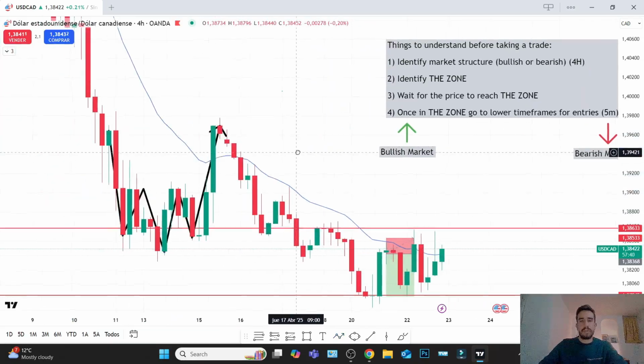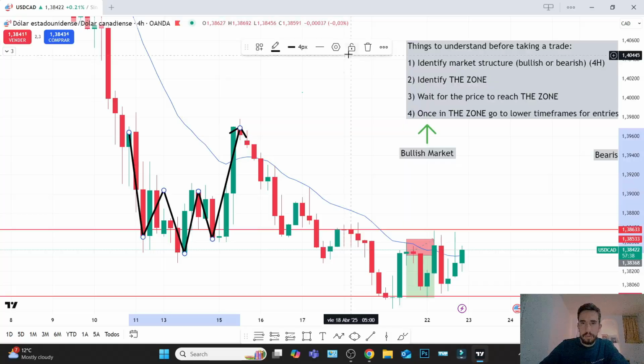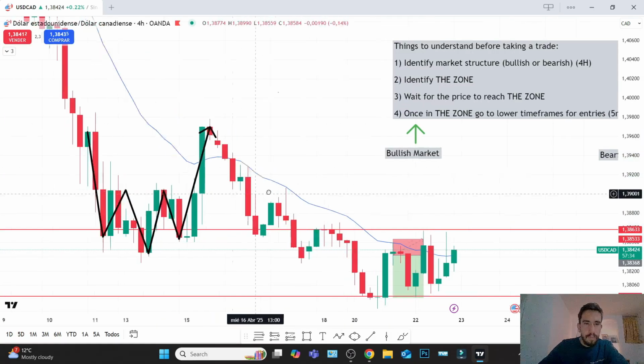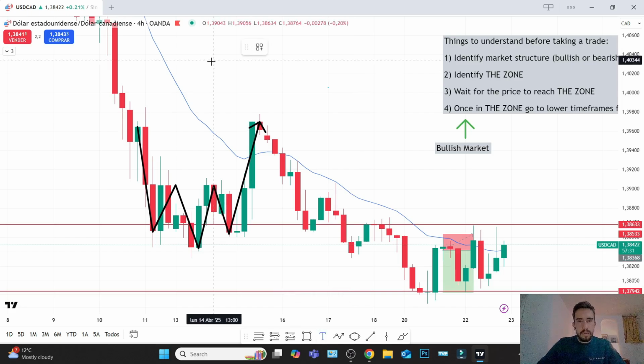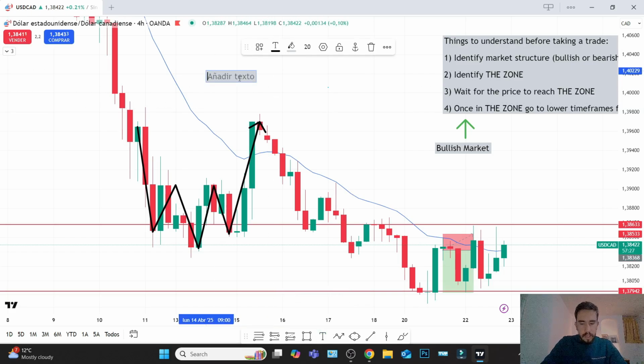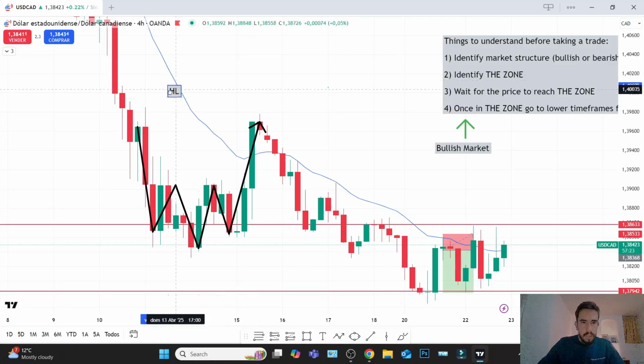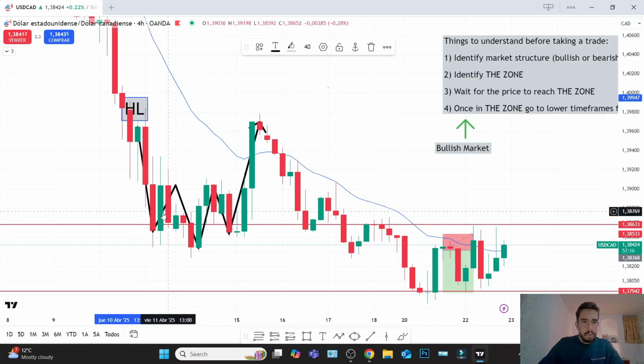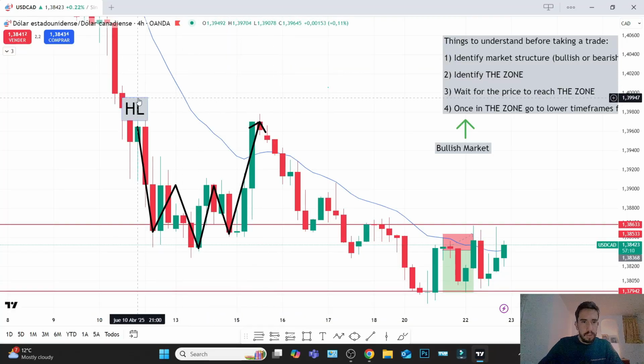So let's stop here for a second, and I'm gonna explain this part. Let me just bring this in front. So we can identify the market by higher low, which is this point here. Let me make it a little bit bigger for you. Higher low, and we always are gonna need a lower low in the bearish market.